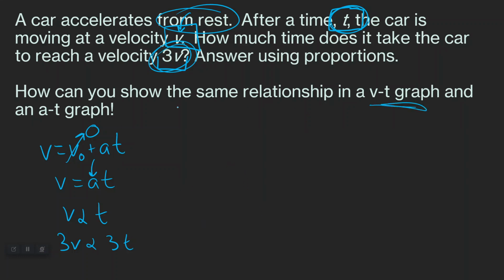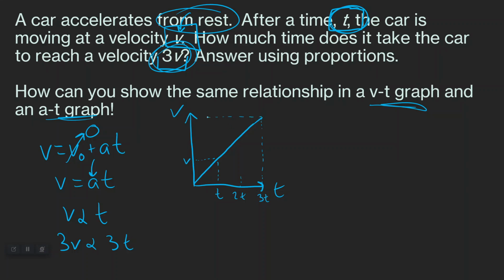We can also show this relationship with our graphical models as well. So let's model this with a velocity time graph. Velocity, time. So we are going to accelerate from rest at a nice constant rate. So we're going to have a nice linear velocity time graph. Right here is a time t, and here is our velocity v. Well, if I increase my time by a factor of 3, so here's 3t, and then here's 2t, increase this up.